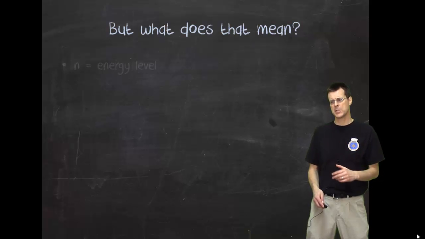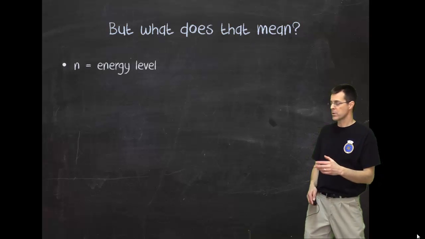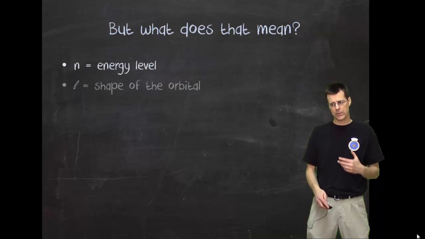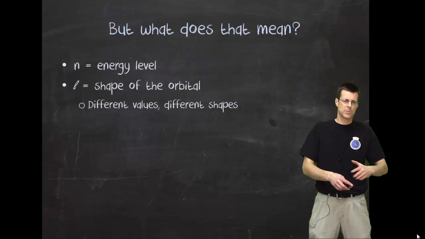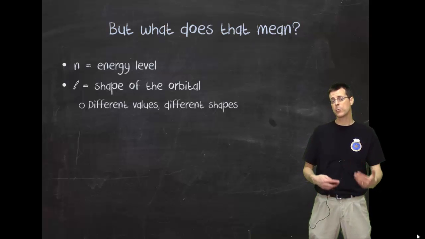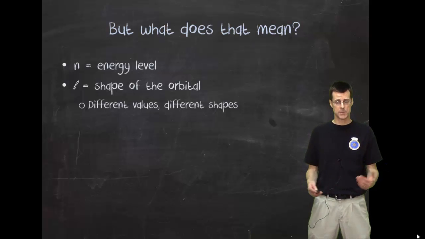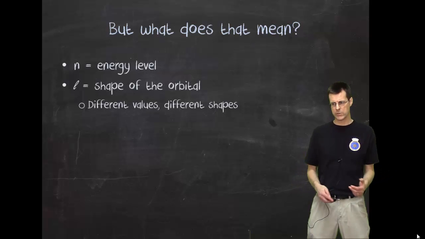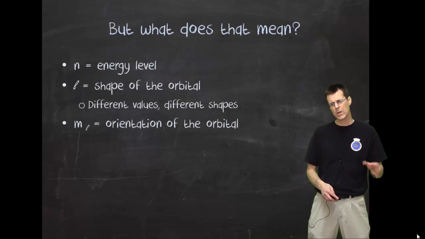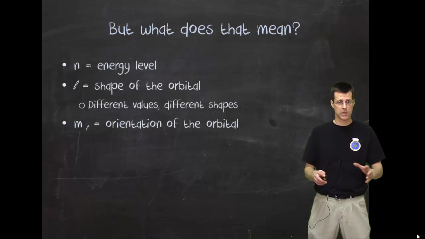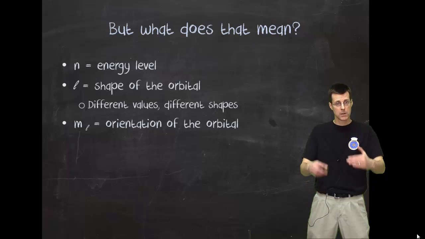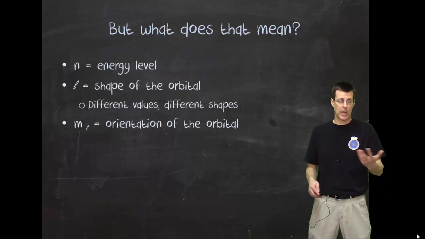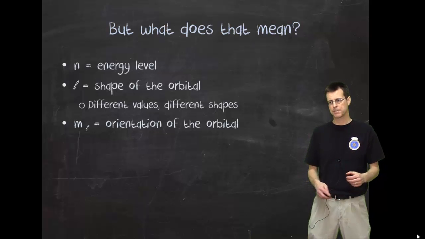All right, so let's look a little bit deeper. Reminding ourselves, of course, that the n is energy level and L is the shape of the orbital. More importantly, not so much what the shape is, but how many different possibilities we have for shapes, or waveforms if you want to use that language. m sub L, and this is where things are going to start to become important, or at least this is where what we do next is going to be influenced by m sub L. That's the orientation of the orbital.